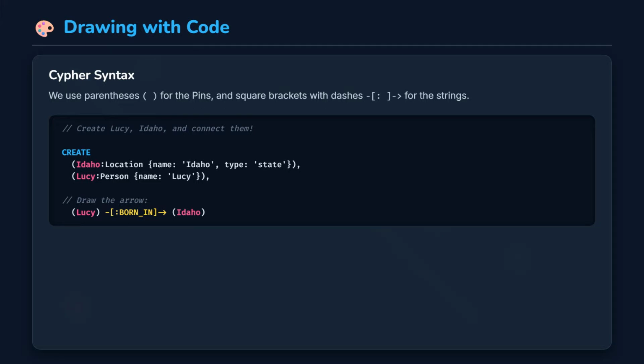We say Lucy dash born in arrow pointing to Idaho. It is so clean and easy to read. Even if you are not a programmer, you can look at that line of code and instantly understand that Lucy was born in Idaho. It perfectly matches how our human brains think about relationships.